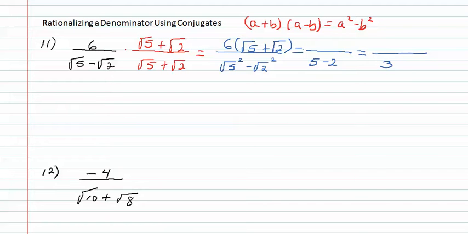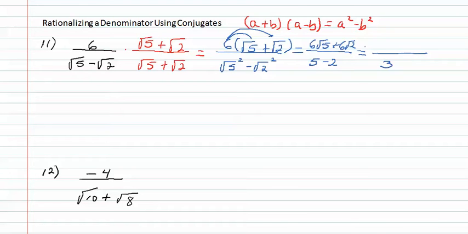Now, I'm going to take this and I'm going to multiply. So 6 times radical 5 is 6 radical 5. And then over here, I'm going to do the distributive property. 6 times radical 2 is just a positive 6 radical 2.